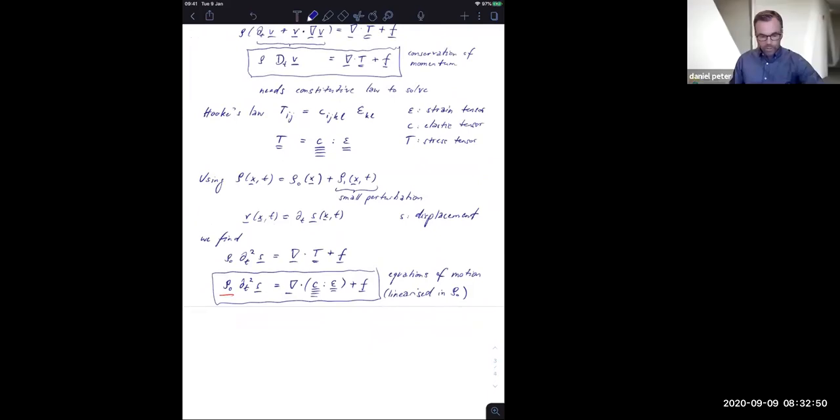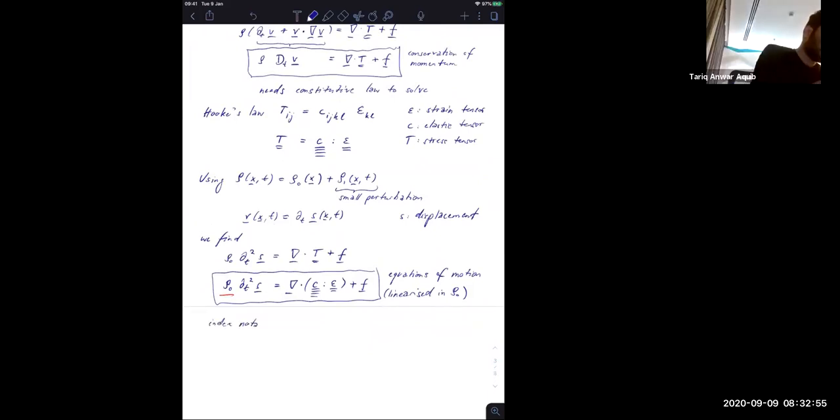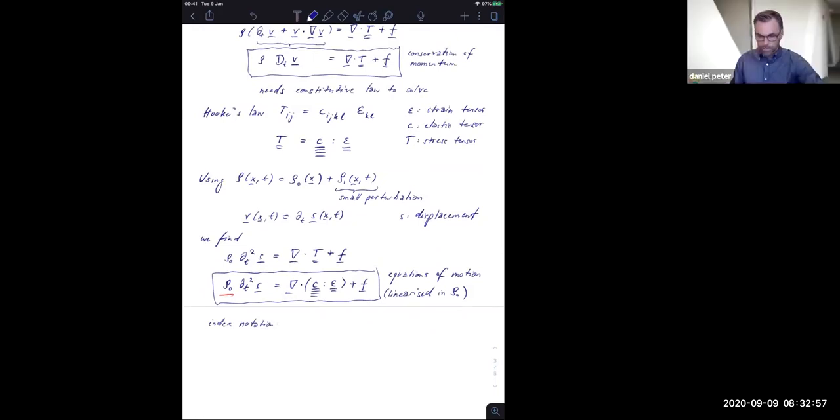So if you want, in index notation, sometimes that helps to see what these terms are.